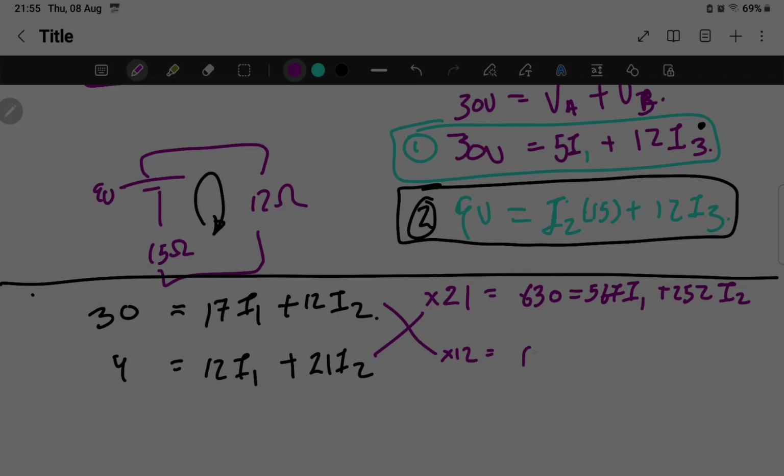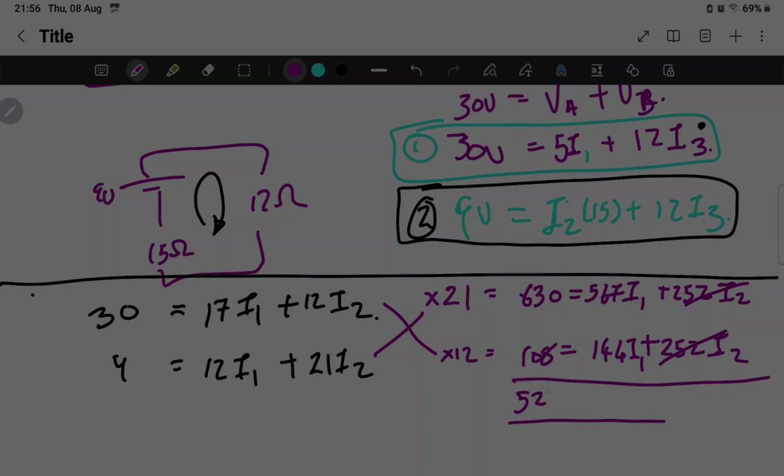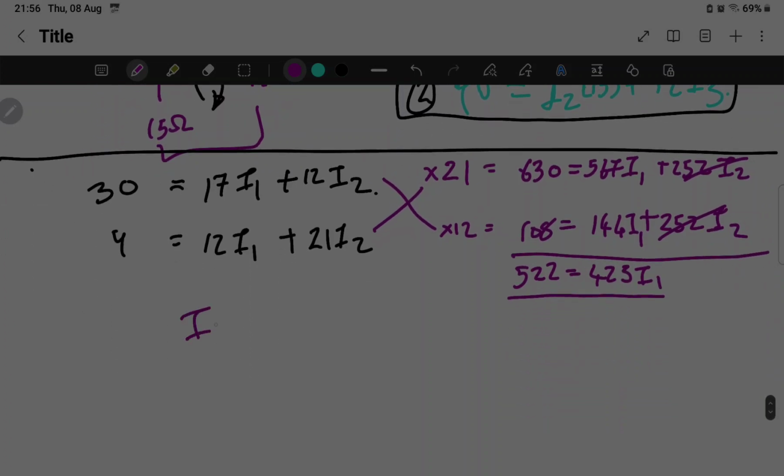Then here at the bottom we'll have 108 equals 144 I1 plus 252 I2. Now if we subtract the 2, we see that we are only left with I1. So we'll have an answer here of 522 equals 423 I1. And then we can say that I1 is equal to 1.23 amps.